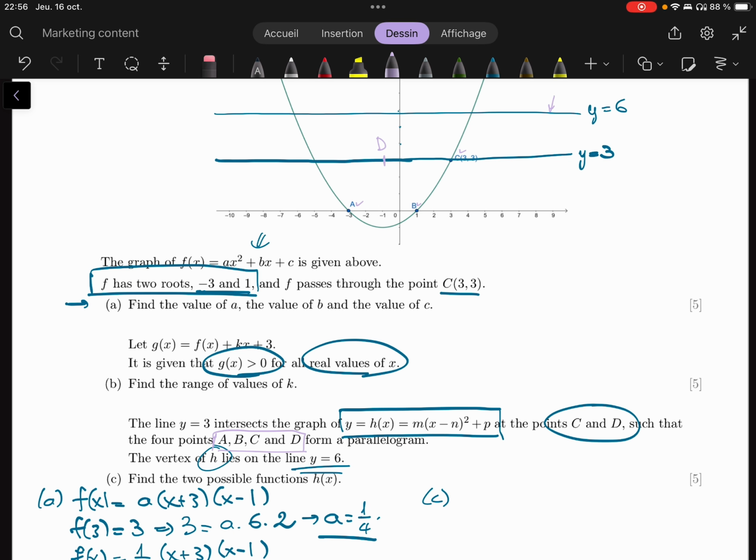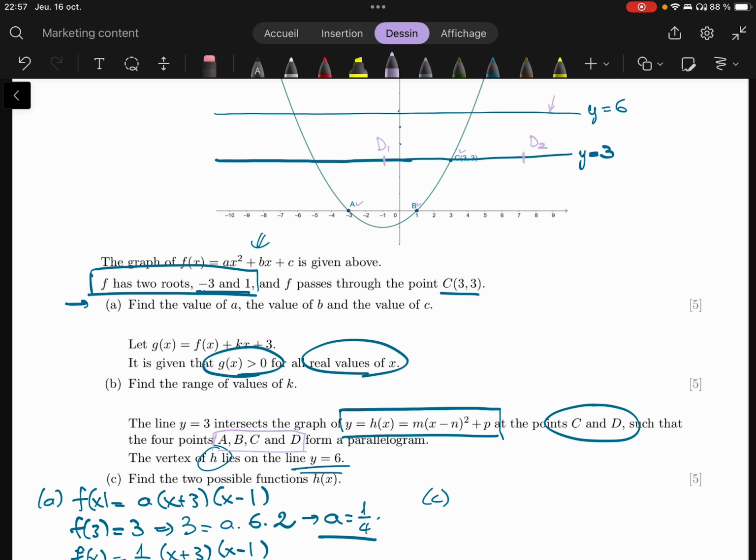However, this is not the only possibility. A second potential position for D would be over here, and that would give you the parallelogram A, C, D2, B. The 4 points do form a parallelogram, but it's not parallelogram ABCD.